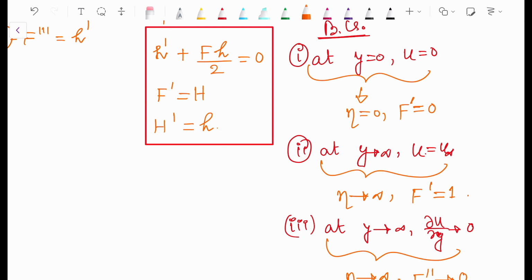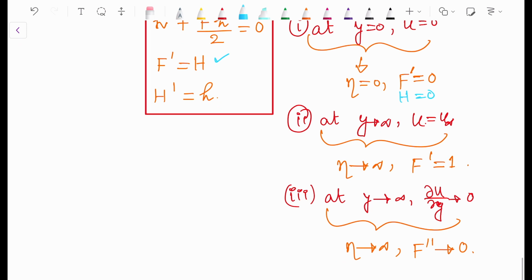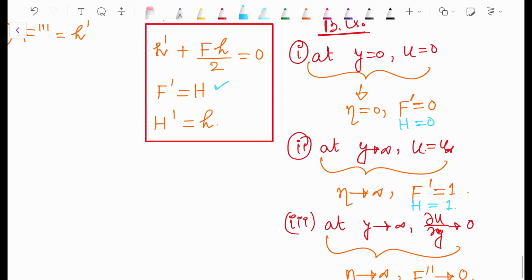Just see that f dash is h, so h is equal to 0 at one end, and here h is equal to 1. And h dash means capital H, so this is going to 0 here. So these are three first order equations, and to solve each of these I need a boundary condition.